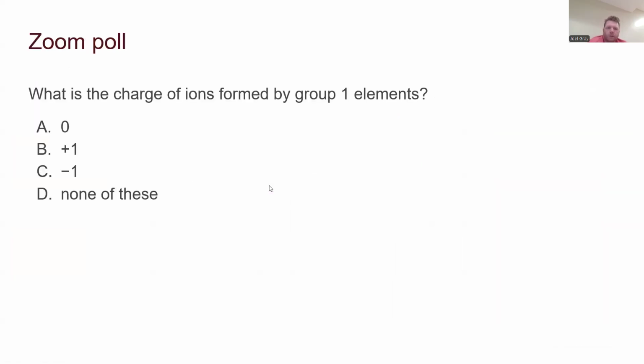Okay, here is our last Zoom poll. What is the charge of the ions formed by group 1 elements? Ten seconds for this one.